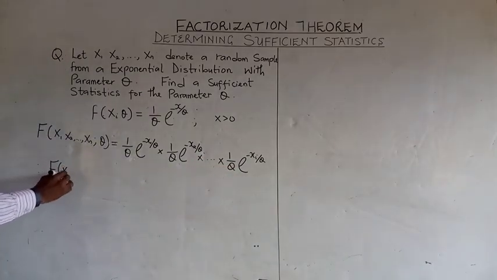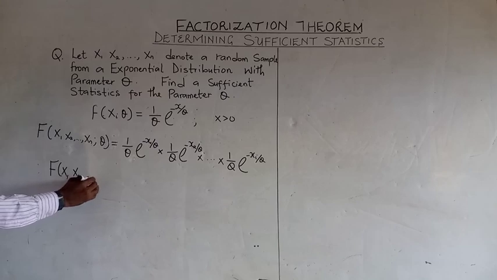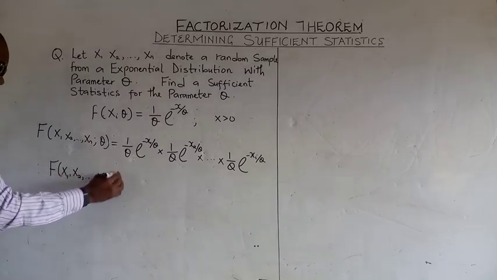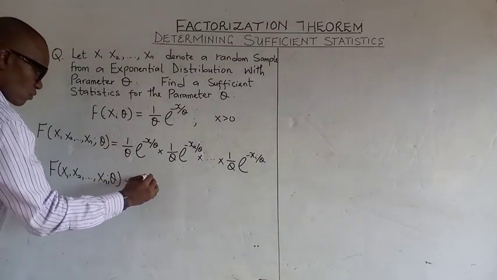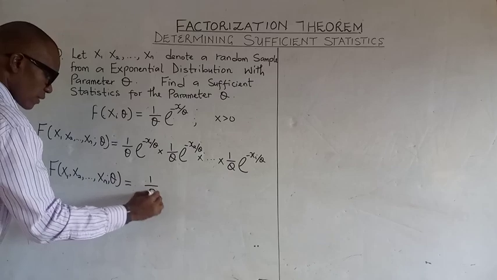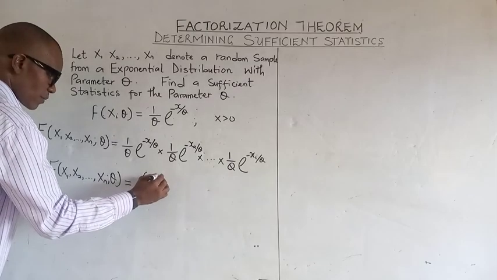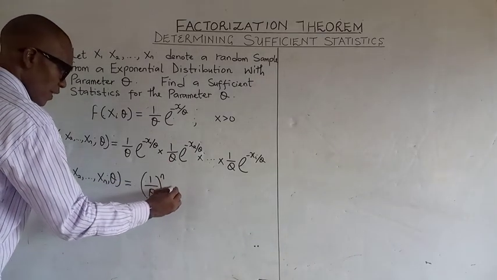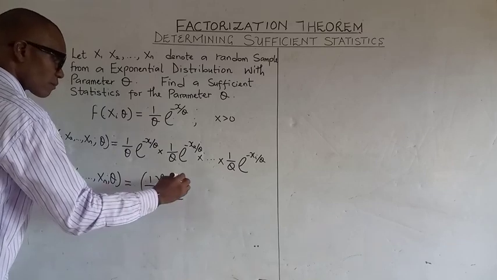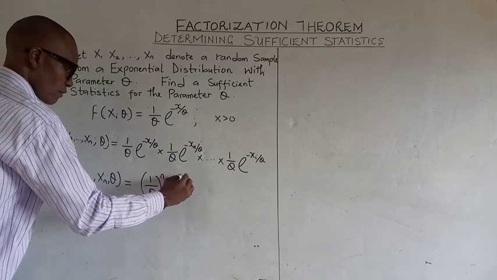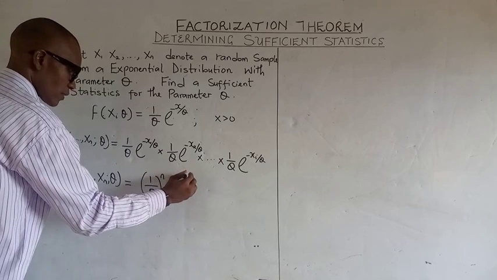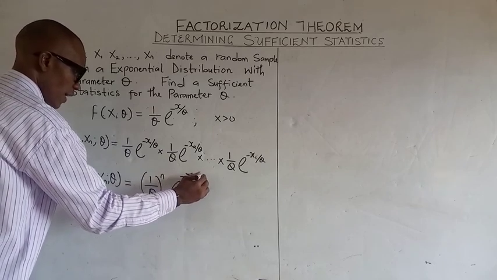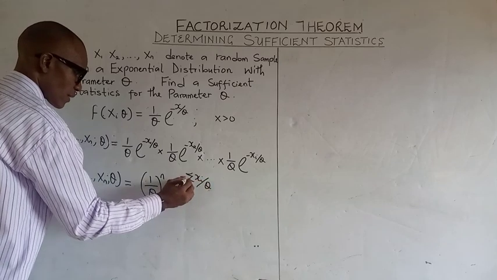If we bring all of these together, we get something like this: f(x1, x2, to xn; theta) is equal to 1 all over theta. Since it's a constant, there will be n here, to the power n. Then exponential of negative, and if we sum this, we get the summation of xi all over theta.